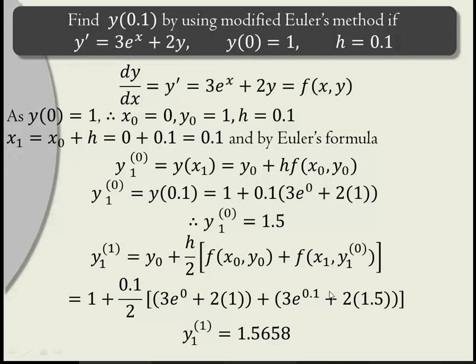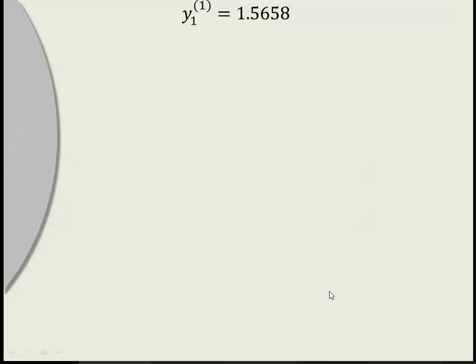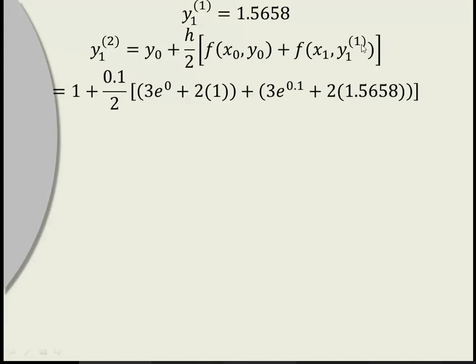So take this as the first iteration and find the second iteration of y1 and then do the simplification. While finding the second iteration, we use this first iteration of y1 for doing the calculation. So the second iteration of y1 will be y naught plus h by 2 f of x naught y naught plus f of x1 y1 first iteration.